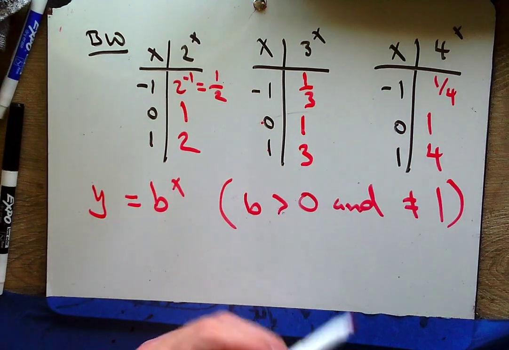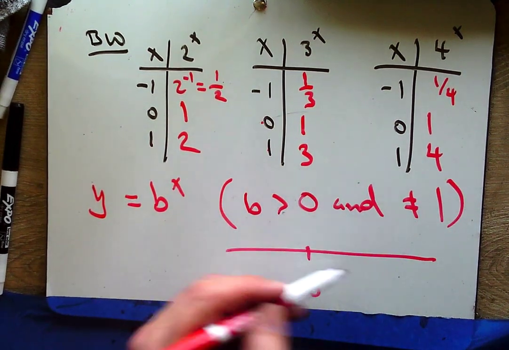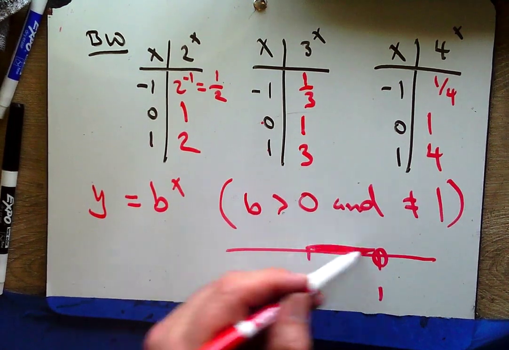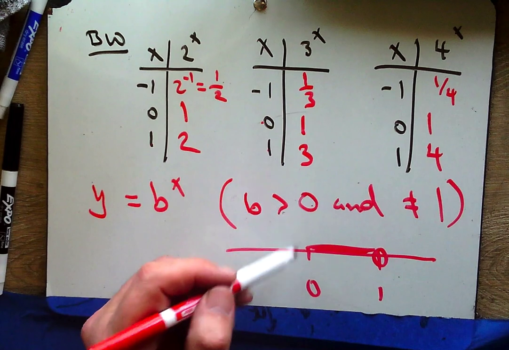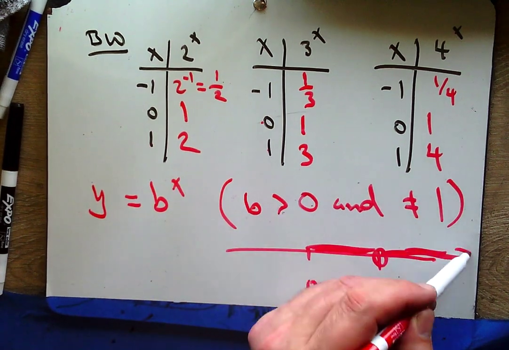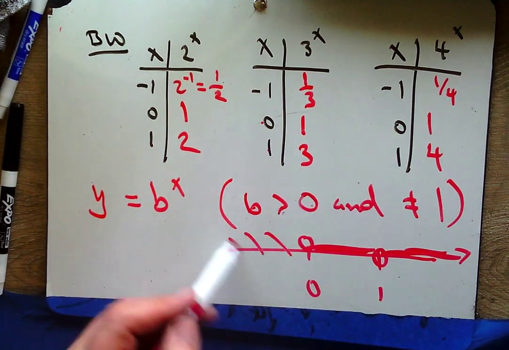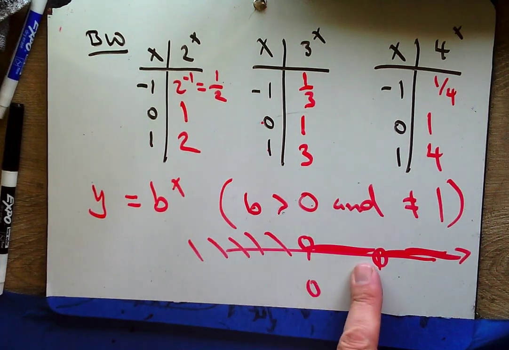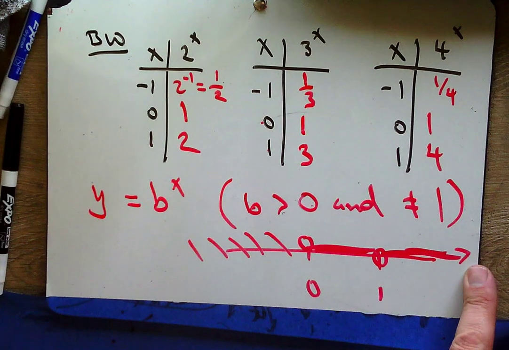So b, here's 0, here's 1, can't be 1, can be these numbers, and has to be bigger than 0. And nothing over here. This is what I'm talking about. Bigger than 0, not equal to 1, and these numbers.